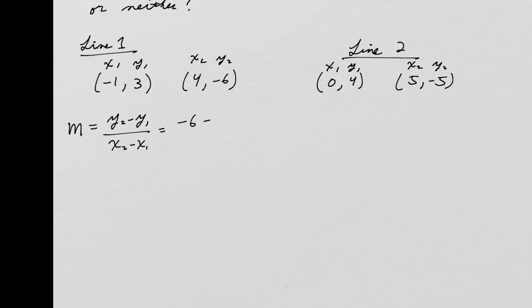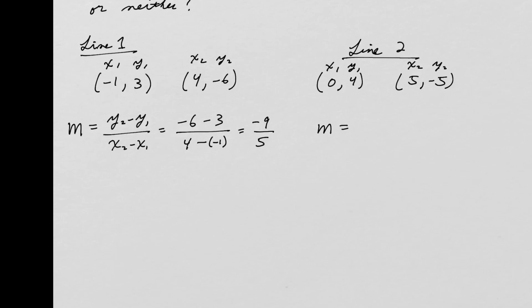So this would be -6 minus 3 over 4 minus -1. -6 minus 3 is -9, and 4 minus -1 is +5. So it looks like -9 fifths.